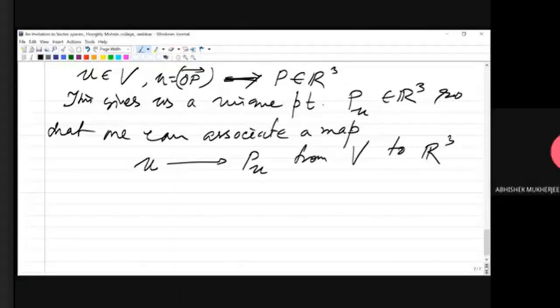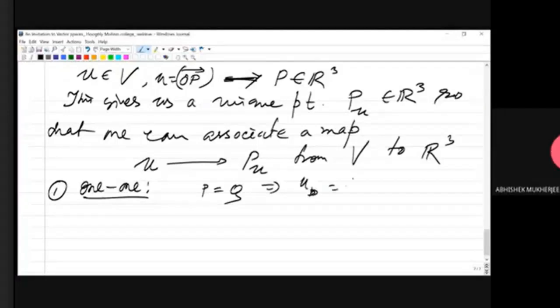And this map has some special properties. Which are those? The first thing is that this map is 1-1. Why is it? Because just take 2 points P and Q. If they are the same points, then they will give you the same vector, right? So this is very easy. I don't need to prove this. Very trivial. And the ontoness is also trivial.